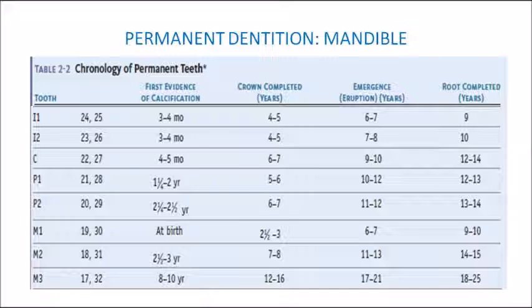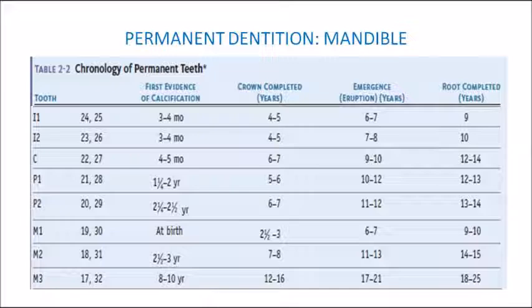Now, one more important thing in the eruption in case of permanent dentition in the lower arch is that followed by your central and lateral incisors, it is the canines which are erupting. In the upper arch, it was the first permanent molar, central incisors, lateral incisors, first premolar, second premolar, and then only the canines were erupting. But in the lower arch, it is the first permanent molar, 6 to 7 years of age, central incisors at 6 to 7 years of age, lateral incisors at 7 to 8 years of age, followed by which it is the canines which are erupting.